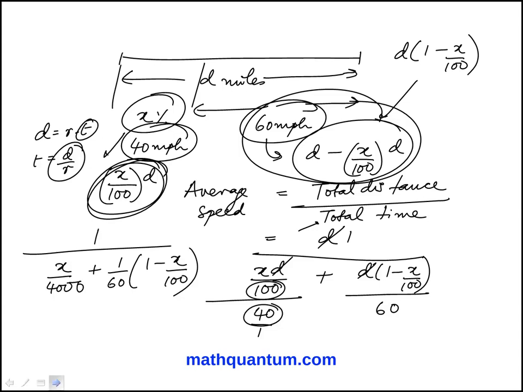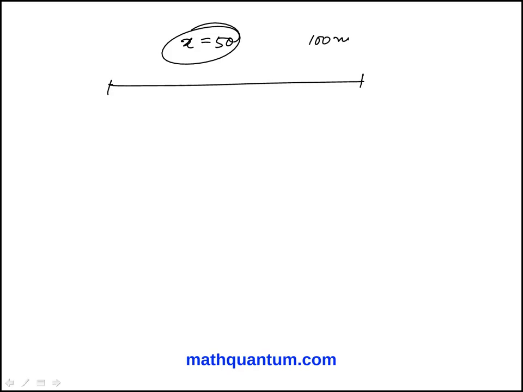Now, the other approach would be to actually use examples. You would pick a value for x. You could pick x as 50. I believe that might work in this problem. And then you say the total distance. You do have to pick a nice number. If I do 100 miles, that's not a good one, because it would be 50, 50.